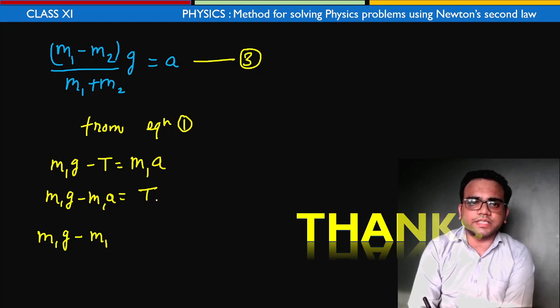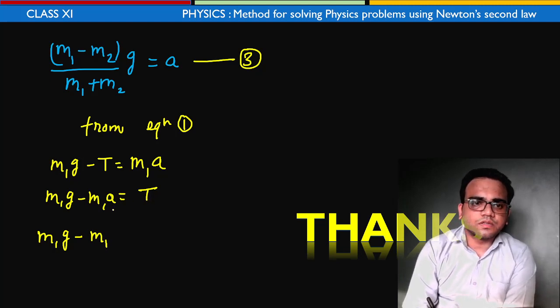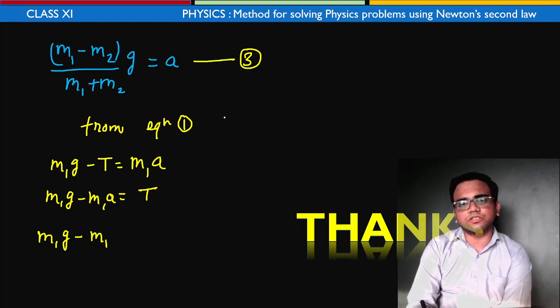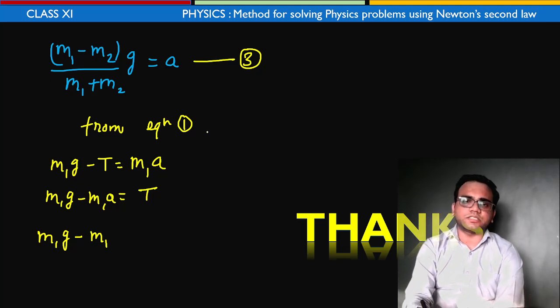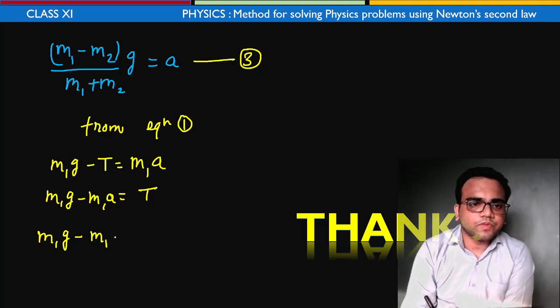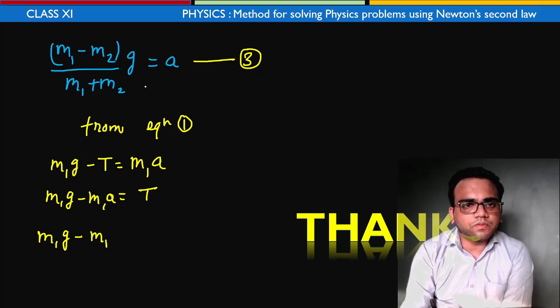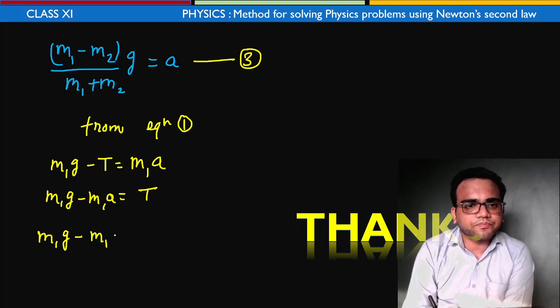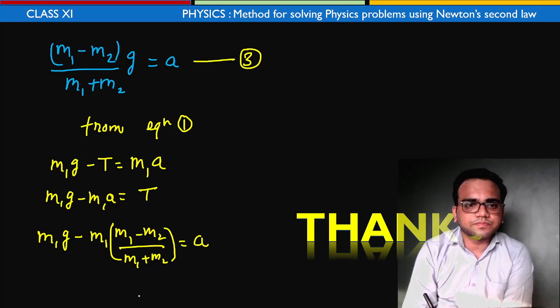We want to find out T, as the question asked to find the acceleration of both the blocks and the tension in the string. So put the value of a, m1 minus m2 upon m1 plus m2, is equal to a.